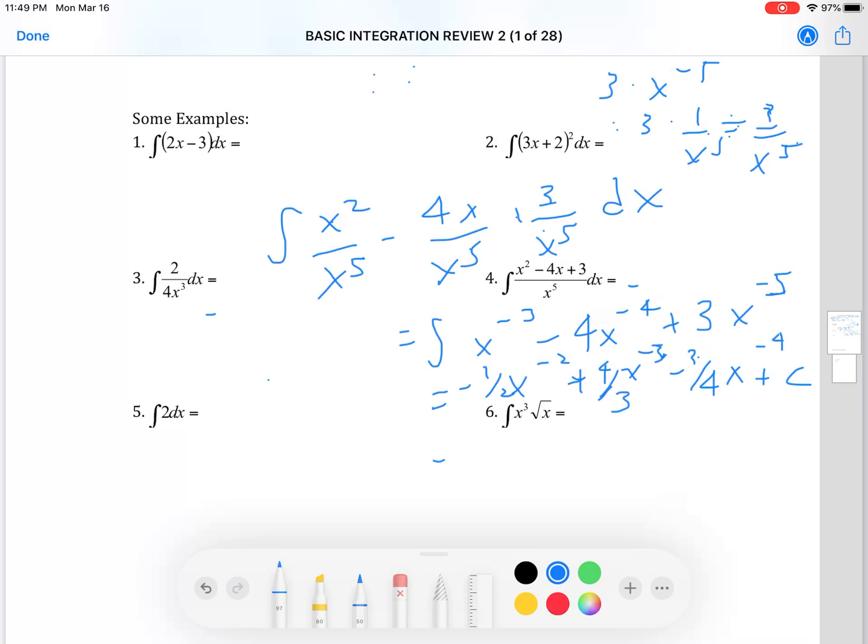So, number 6, a little bit of properties of exponents from Algebra 2 can really help us make this problem a lot easier. So I got x to the third, and there should be a dx on this problem, and a x to the 1/2.